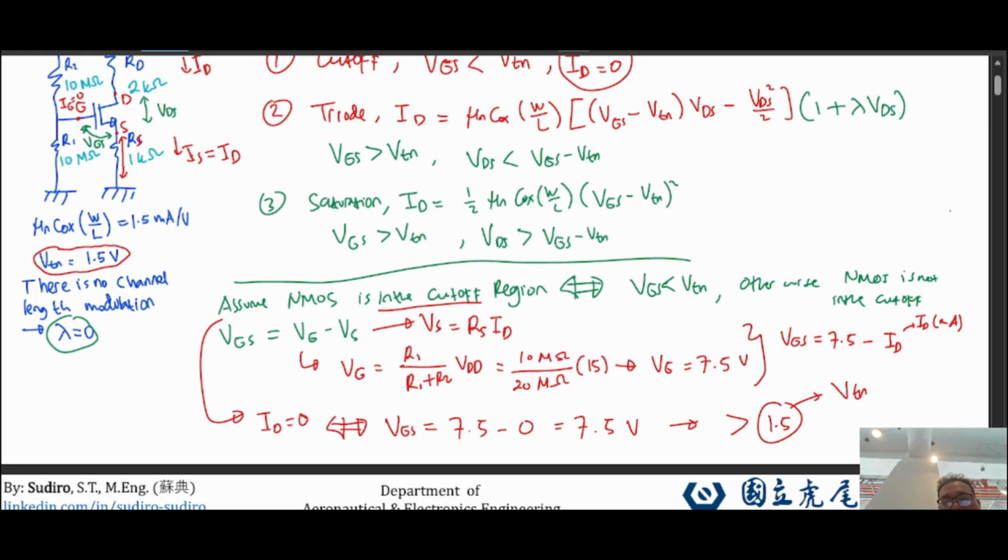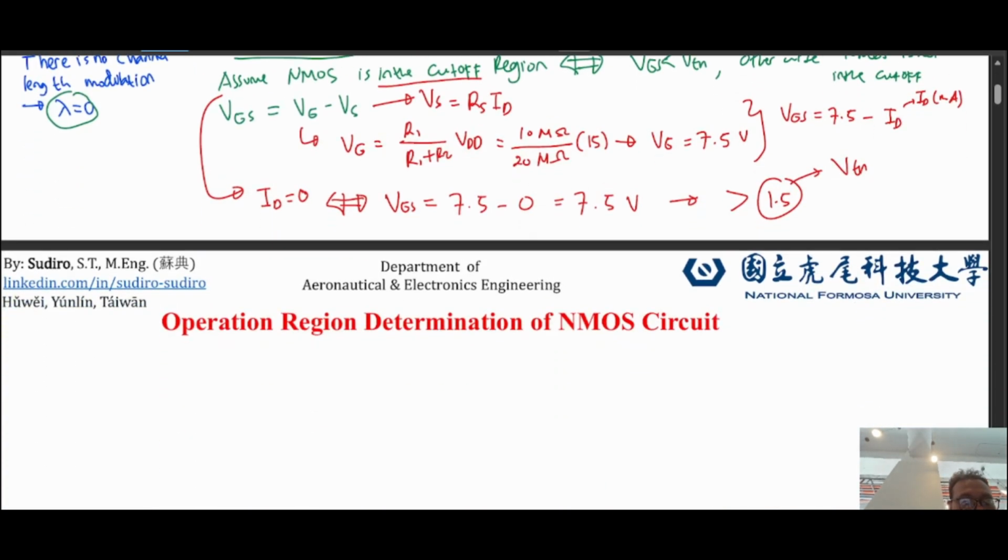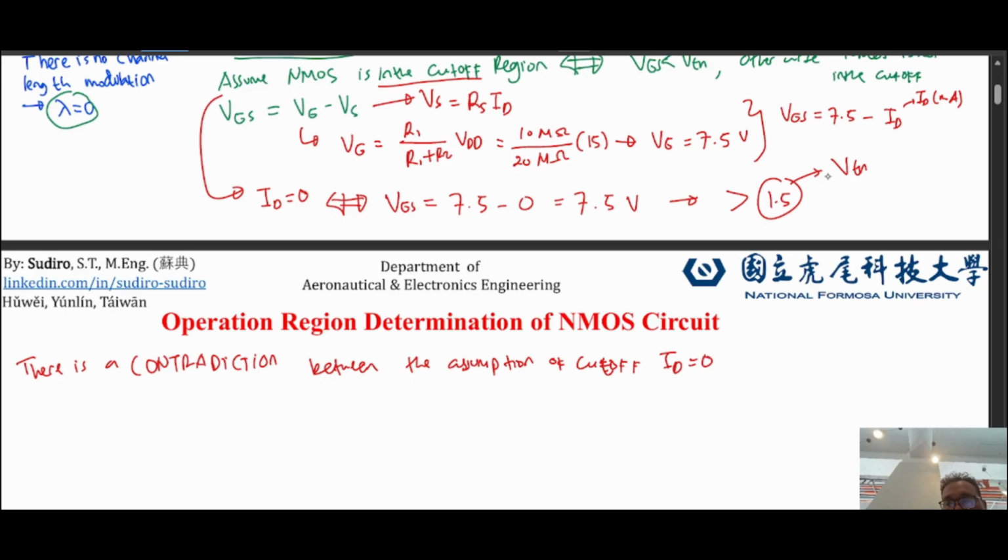So from this assumption, we get a contradiction between the assumption of cutoff, which is ID equal to 0, and the reality that VGS is greater than VTN.